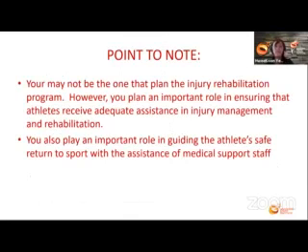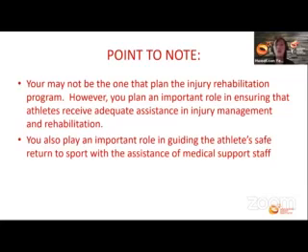So lastly, a point to note is that you may not be the one that will come up with an injury rehabilitation program, because you are not a physio, you're not a doctor. However, you play an important role in working with the medical team, or working with the physios, to ensure that athletes receive adequate assistance in injury management and rehabilitation.